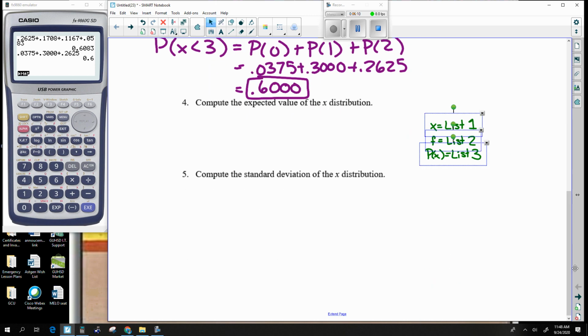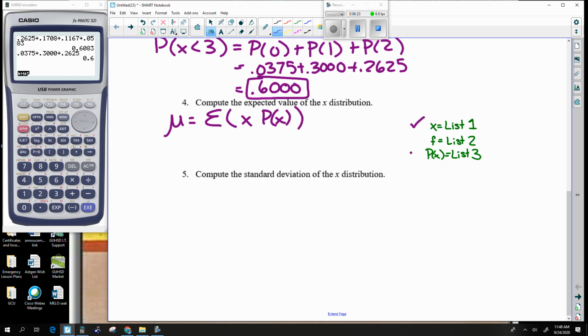And next is, what is the expected value? So that question is asking for what is mu, which is the formula sum of x times P of x. So just make sure that you have all the pieces in your calculator. We have an x, and we also have a P of x. So all we have to do is just use those pieces as we're supposed to.